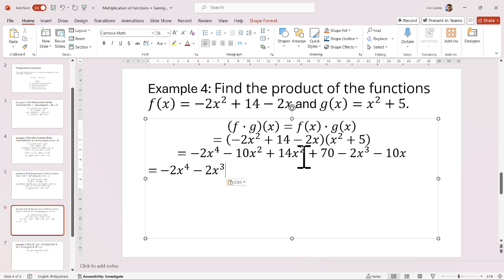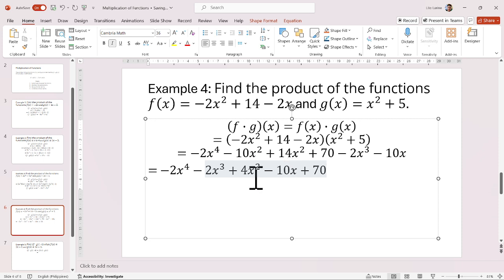Then we have the squared terms, negative 10x squared plus 14x squared is positive 4x squared. And then the constant, last to write is the constant. Let's have first the negative 10x, and then plus 70.